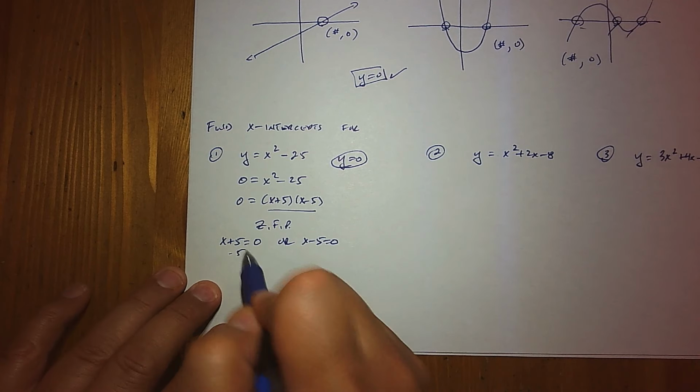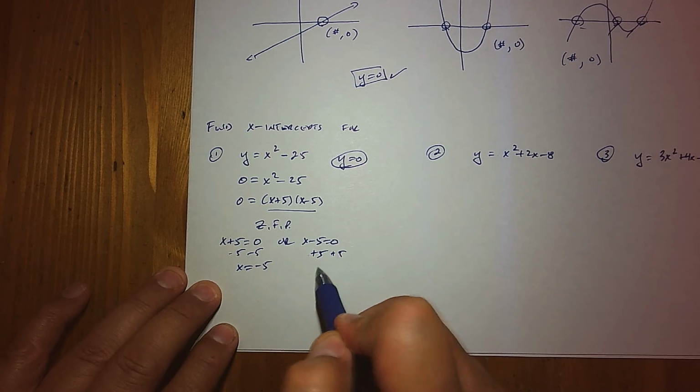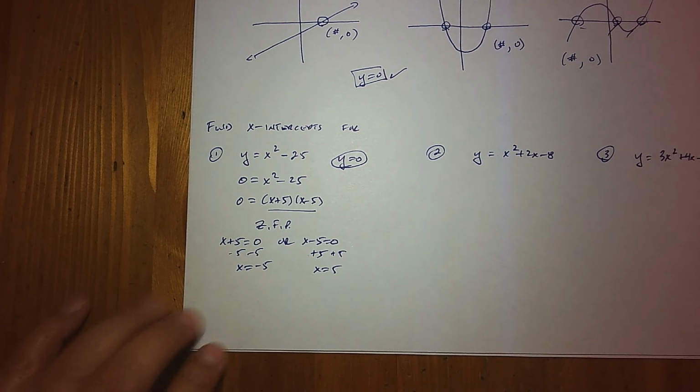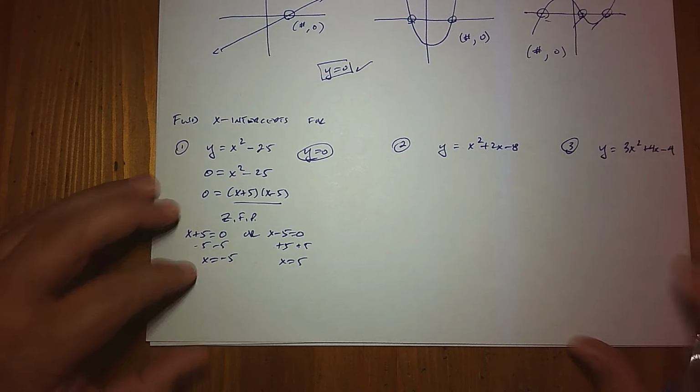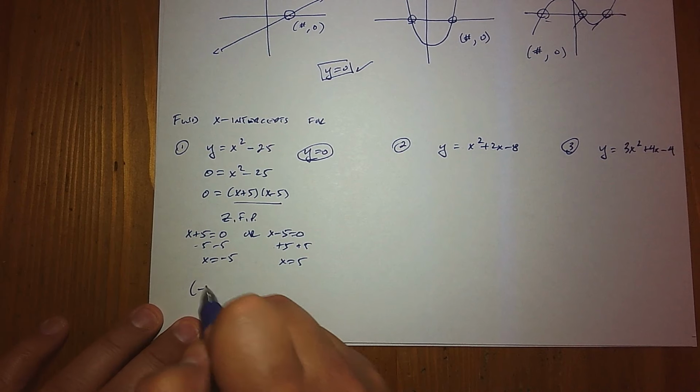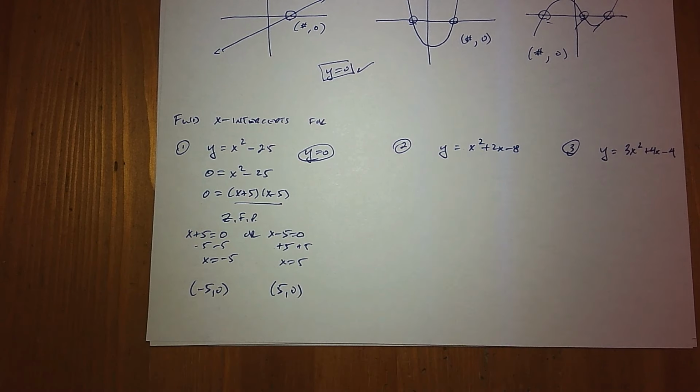And so subtracting 5, we end up with that as an answer. Adding 5, we end up with that as an answer. But what's different is we are looking for a point that's on the x-axis. So my answers in this case aren't just x equals negative 5 and x equals 5. It's the point negative 5, 0, and it's the point 5, 0.